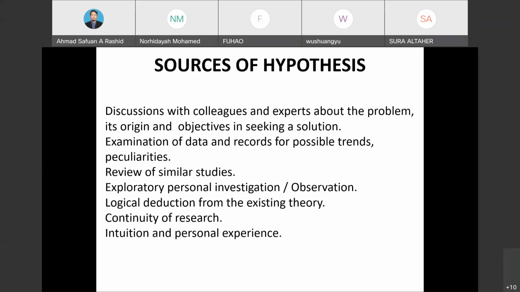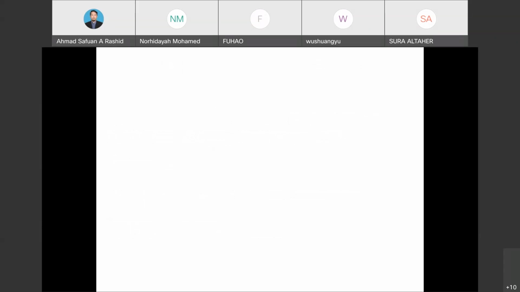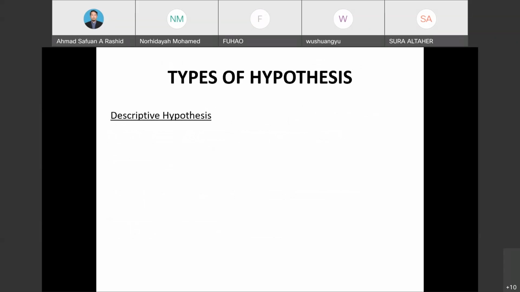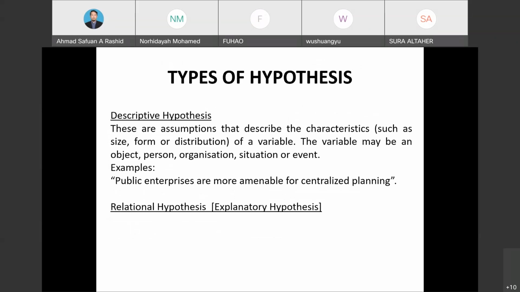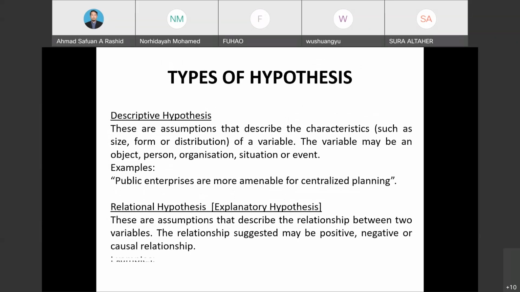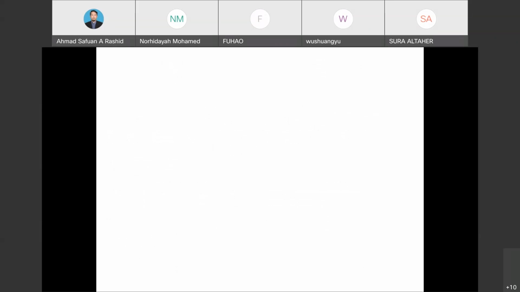So from there you can get a very good one, because it should rely on the theory. Okay. And the rest is based on your discussion, observation, personal experience. Okay, this is just additional explanation on the types of hypothesis. Okay, you can read later on.